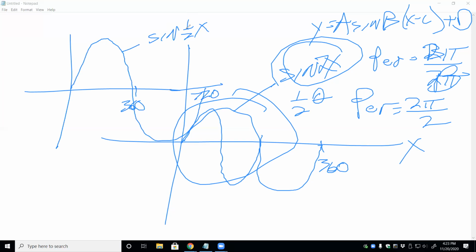But the half stretches it out horizontally by a factor of 2, whereas if I stick a 2 in there, it compresses it horizontally, just like transformations in algebra did. If this number was less than 1, it stretched it horizontally. If this number was greater than 1, it compressed it horizontally. It works the same way with sine and cosine, and all the trig functions for that matter.